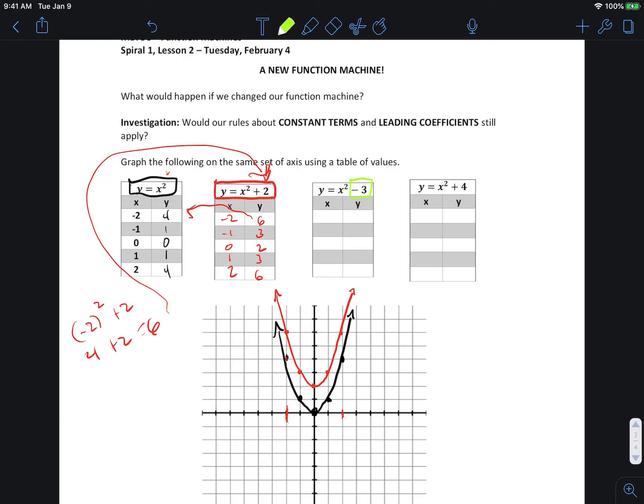So I'm going to take this, 1, 2, 3, 1, 2, 3, and 1, 2, 3. Okay? Then you can do the next one if you wanted to or not. You can move it up or down. Okay?